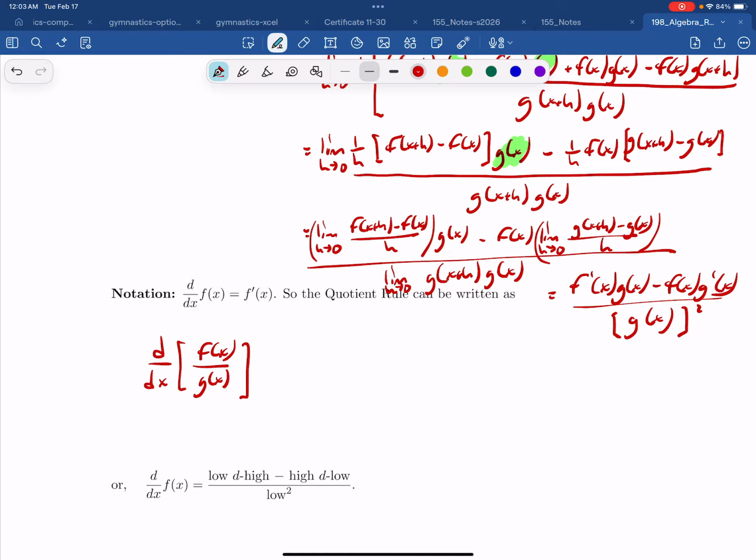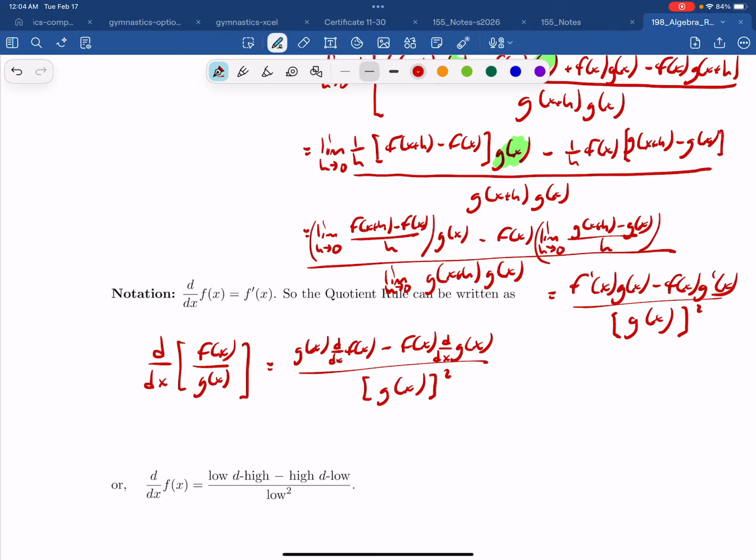And this is just a mnemonic. Feel free to ignore this if you're good at memorizing this. This is the same as g of x, instead of writing f prime of x, I'll write it as d over dx of f of x, minus f of x times d over dx g of x, all over g of x squared.